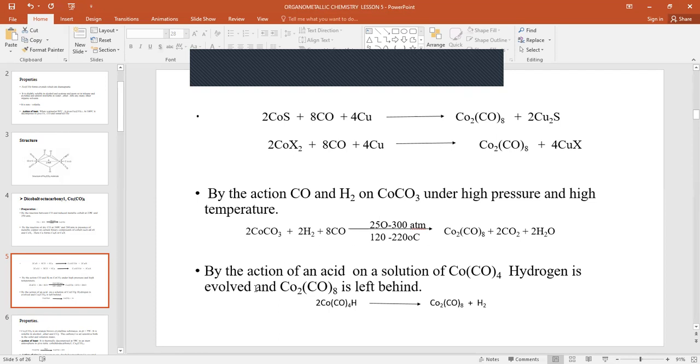It can also be obtained by the action of an acid on a solution of cobalt tetracarbonyl. Hydrogen is involved in the reaction and the dicobalt octacarbonyl is left.